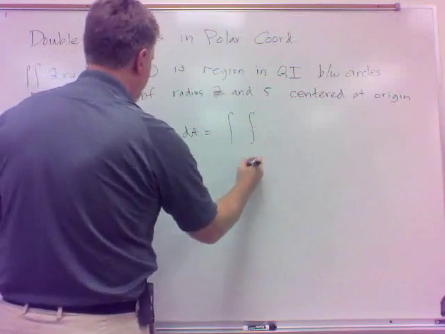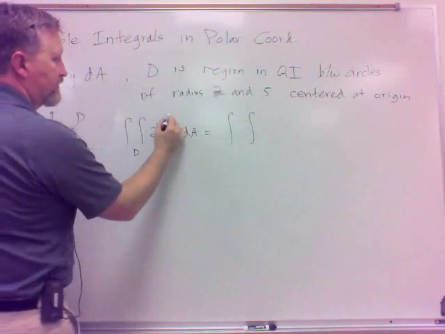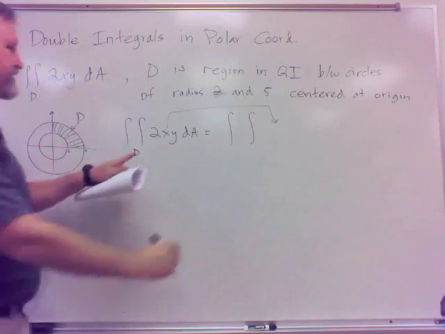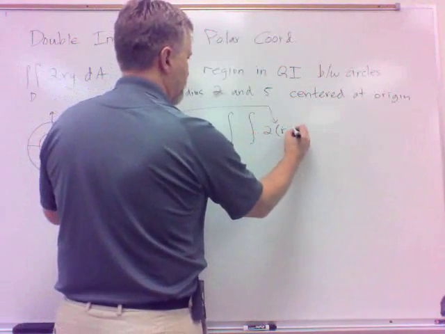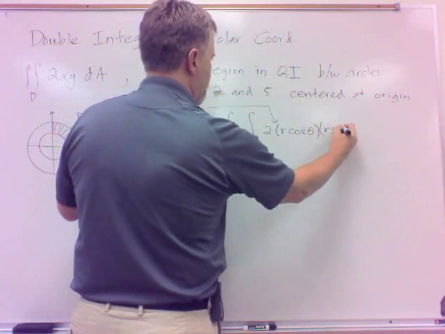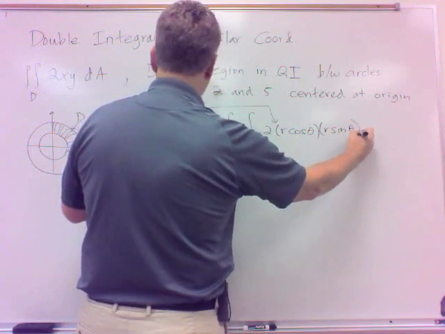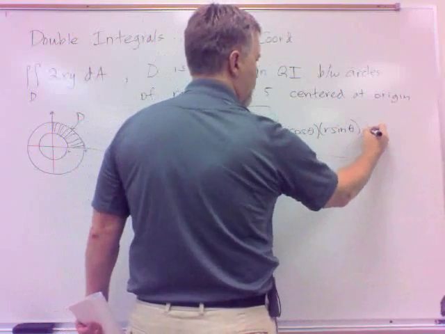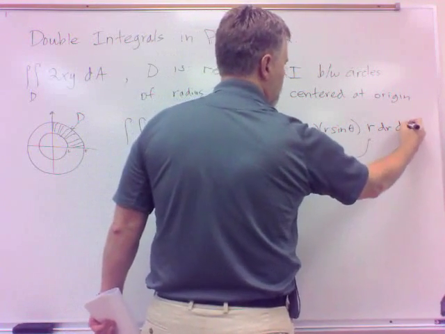And so in polar, first of all, we change the 2xy to polar, r theta. So what would that be? x is r cosine theta. y is r sine theta. And then dA is r dr d theta.